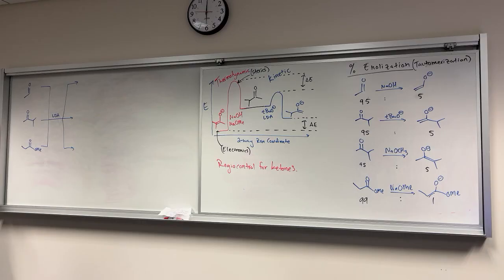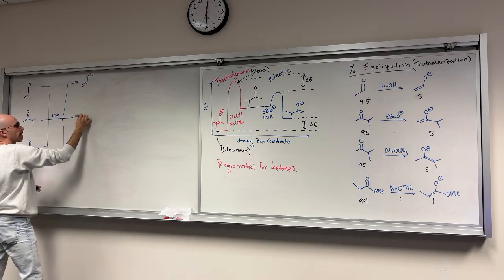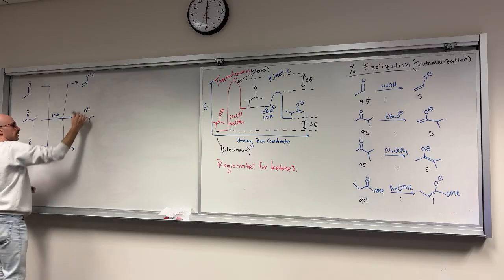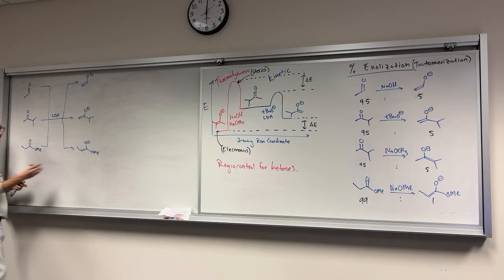Instead of 3 separate lines, it's just saying that they all are reacting with the same thing. We always get the kinetic base, or the kinetic product, but that only applies to this ketone. The other ones, there's only one enolate anyways to form.